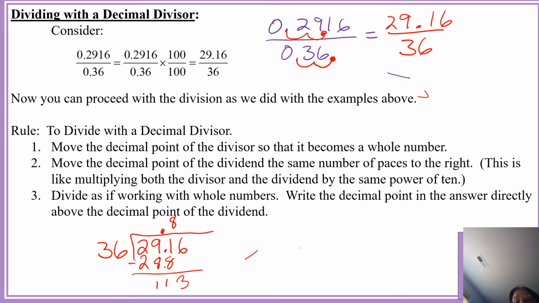Oh, minus 28. That's my problem. I knew I was doing something incorrect here. Okay. Sorry. Okay, I can explain what I was doing, and I apologize. 291 minus 28.8 is going to be 0.3. All right, bring down the 6. 36 is exactly 1. Okay, so my answer is 0.81, and it's no remainder.